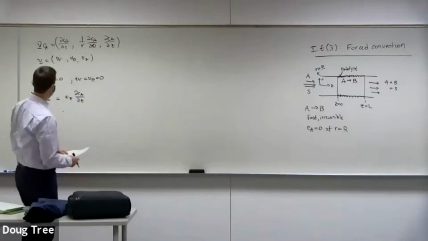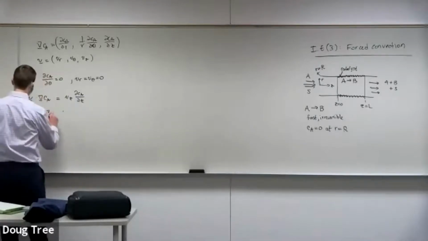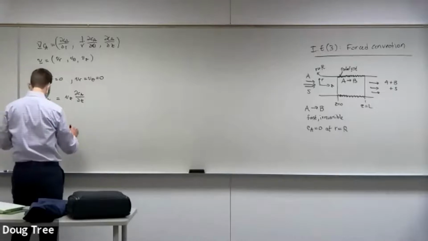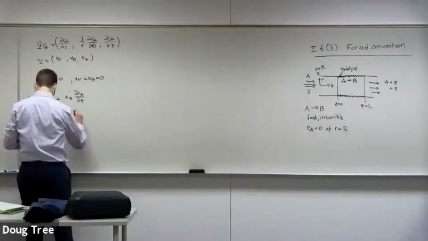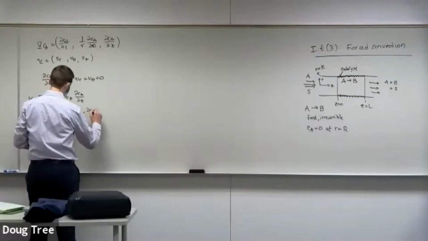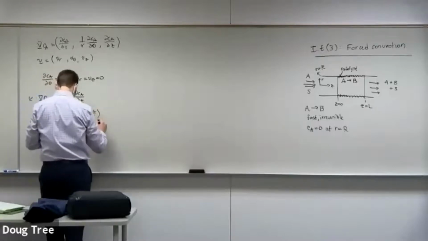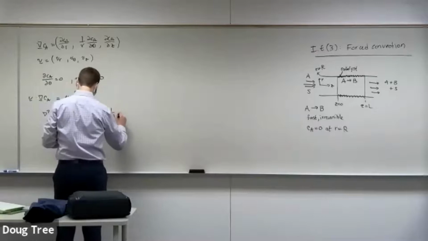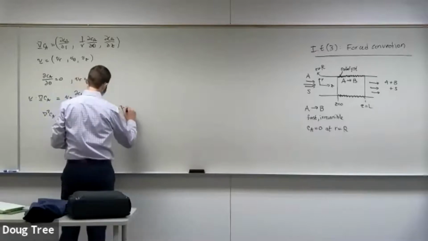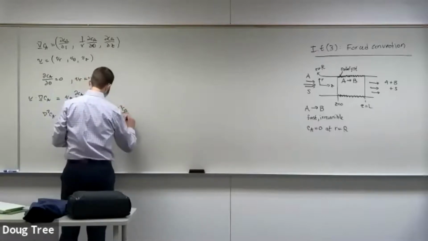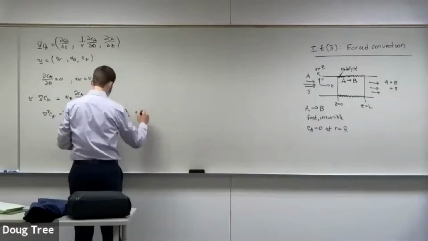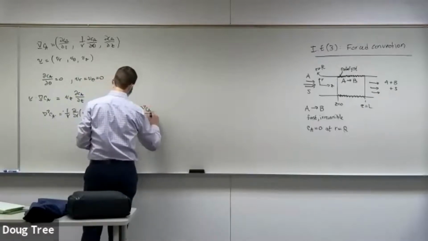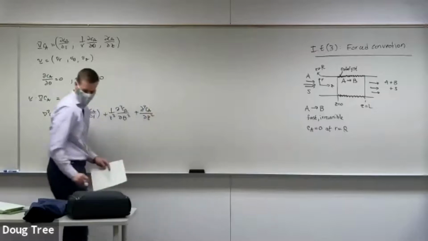On the right-hand side, we need grad squared CA, and grad squared is 1 over r d dr of r dCA dr, plus 1 over r squared d squared CA d theta squared, plus d squared CA dz squared.